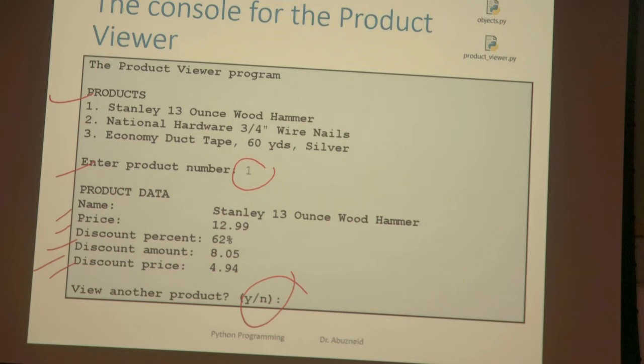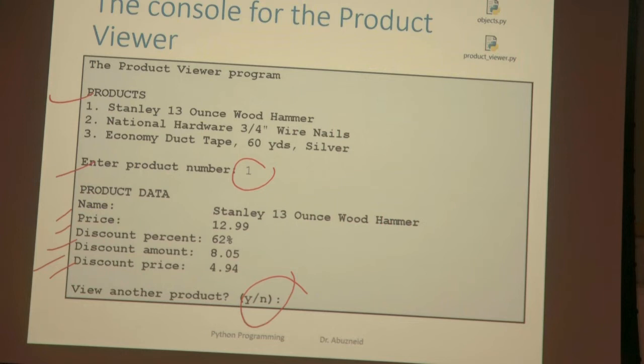Okay, so in here we have 2 files. The first one is objects. Let's take a look at the objects. In the objects file, I have only the class. Nothing else inside this file.